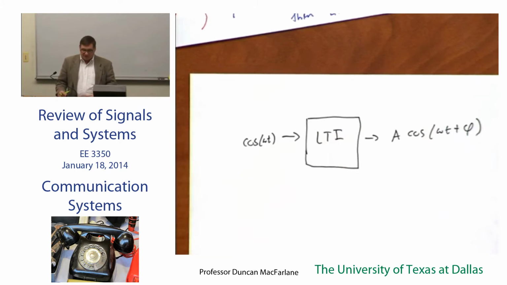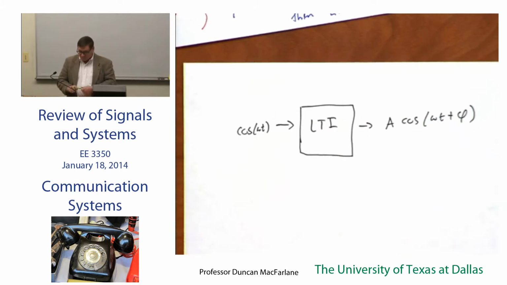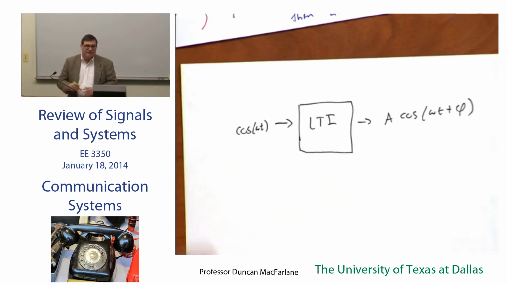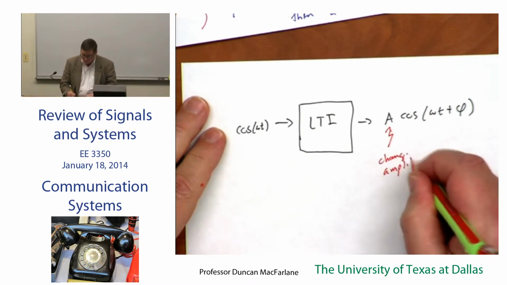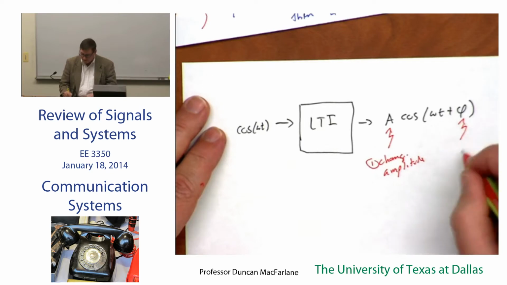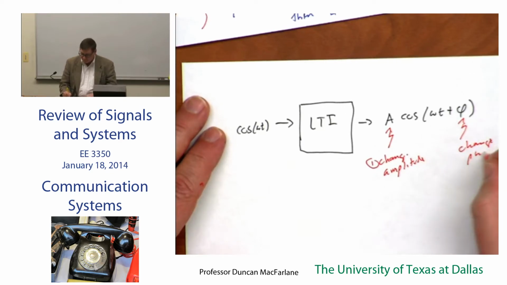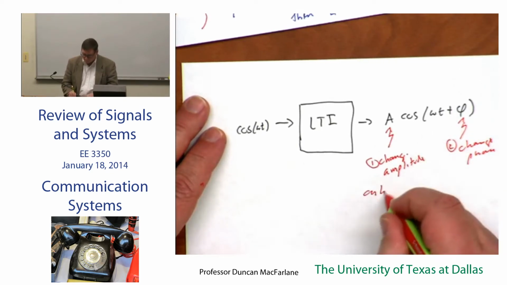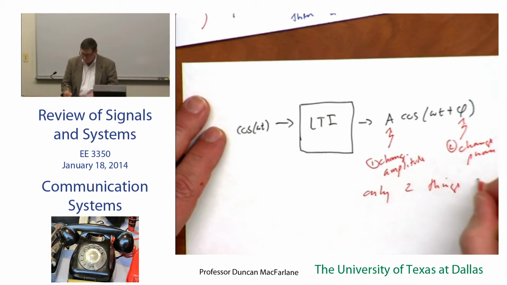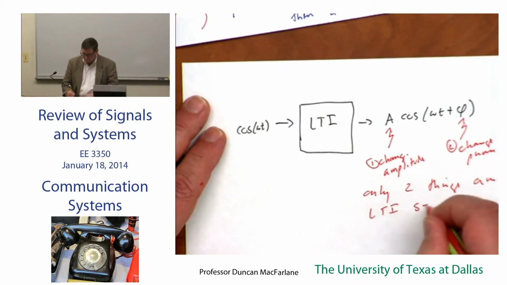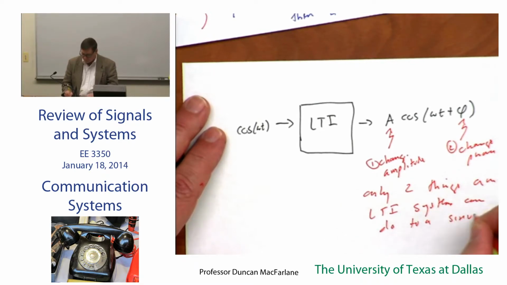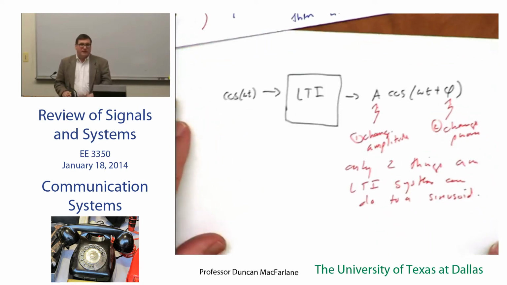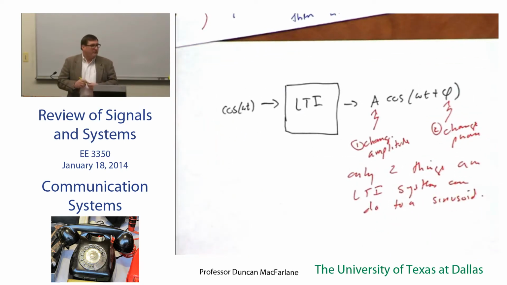If I have a linear time invariant system and I apply a cosine of omega t, the only two things that it can do is change the amplitude and change the phase. That's a really powerful statement.